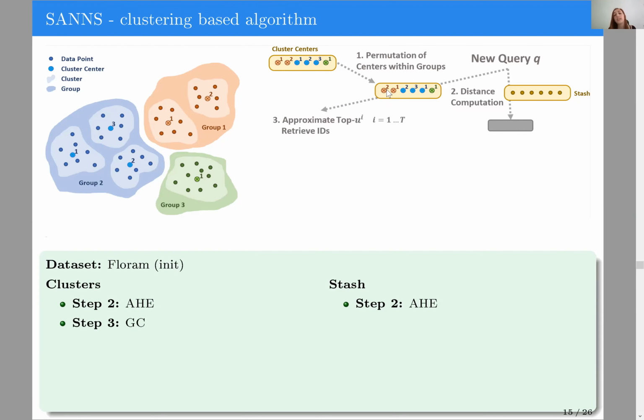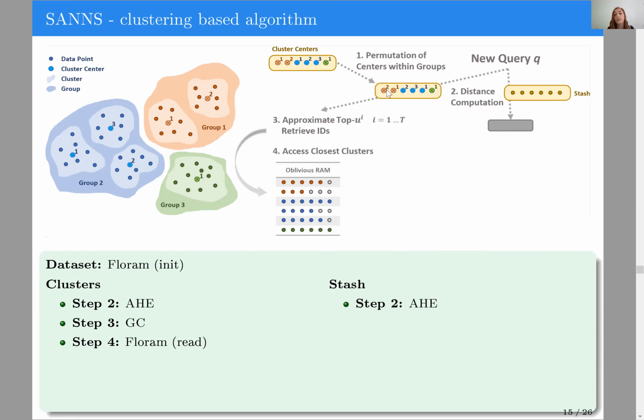Once we have the indexes of the top centers, we retrieve the top clusters, the clusters that correspond to the centers closest to the query. To retrieve those clusters, we use FLORAM in read mode, and we put all those closest clusters in a single big cluster that we treat in the following way.